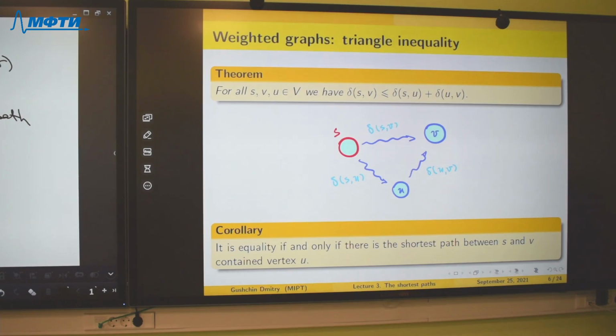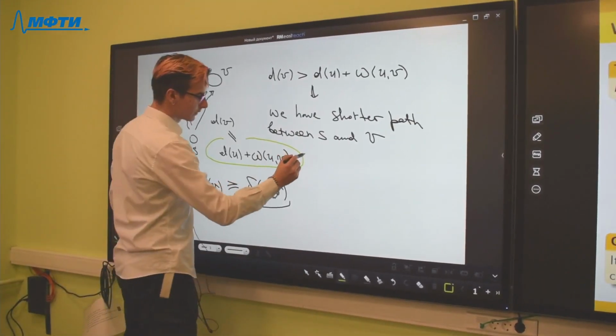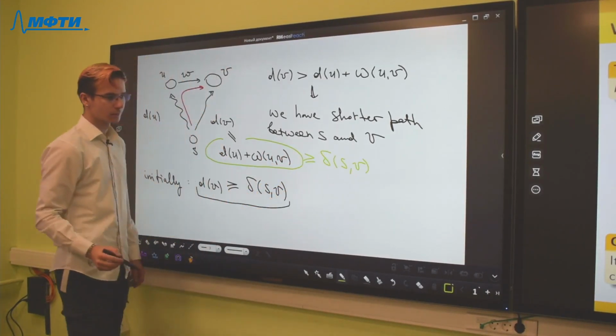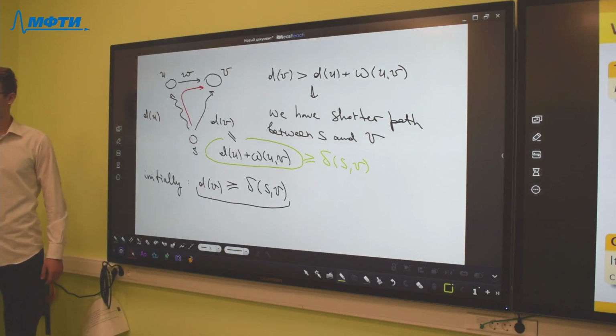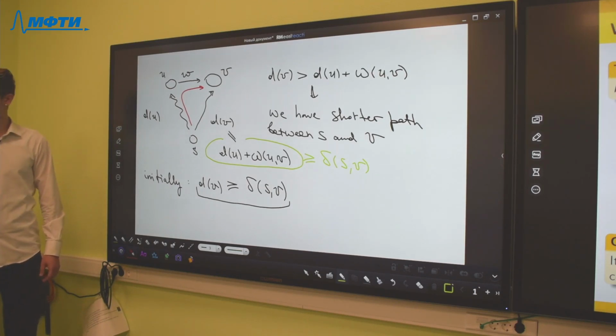The new number d of V. I can color it this way. Why is it bigger than delta from S to V? Here from the inequality, it should be equal, yeah, here it's included. We can say that it's equal.